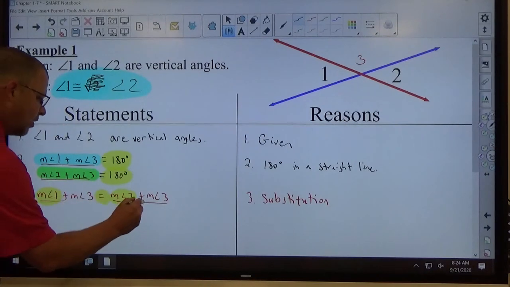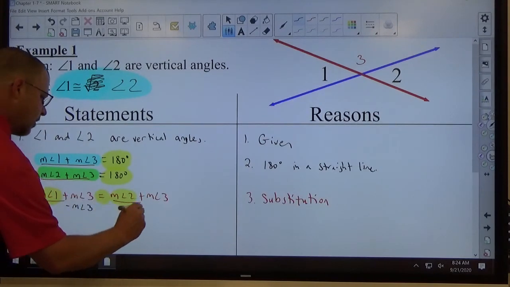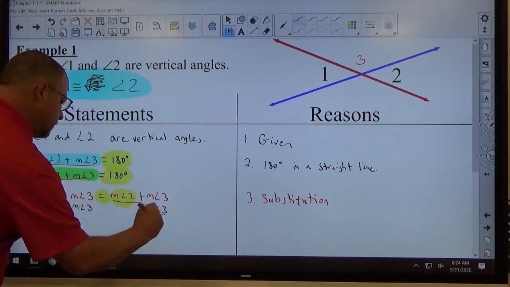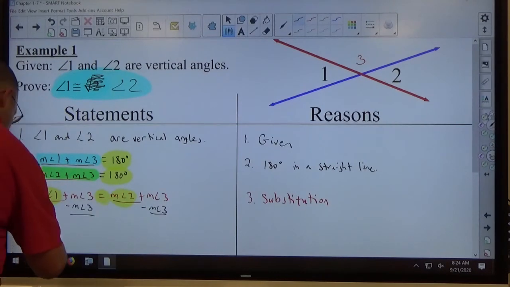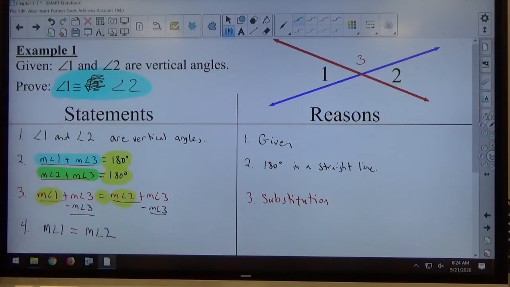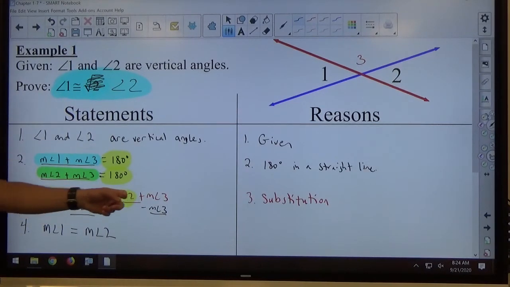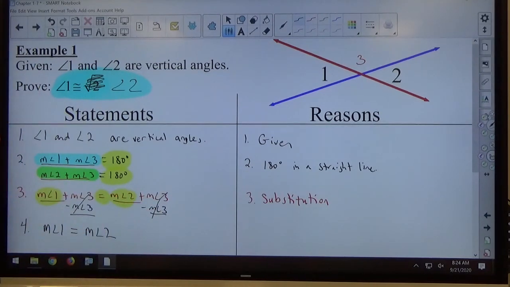If I do that, what is left will be the measure of angle 1 equals the measure of angle 2. Not what we want to say. We want to say angle 1 is congruent to angle 2. We'll worry about that in a second. But can everybody see that subtracting angle 3 from both sides makes it go away on this side, makes it go away on this side, leaving us with exactly angles 1 and 2 in the same equation?